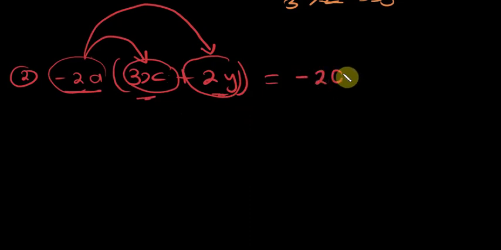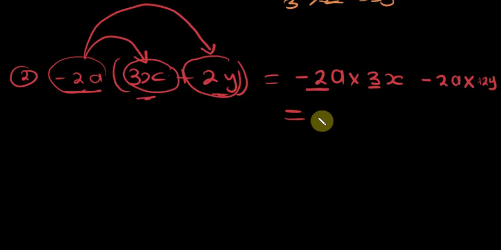Minus 2a multiplied by 3x, then we write it again as it is, minus 2a multiplied by what's next, plus 2y. Alright, so minus 2a multiplied by 3. What's your answer?